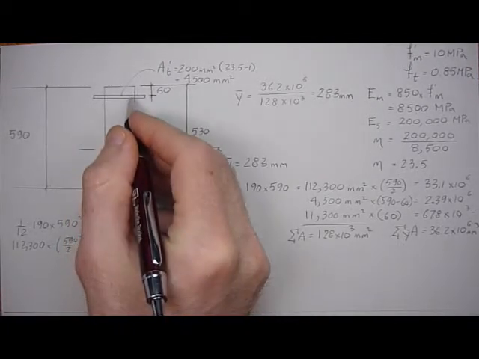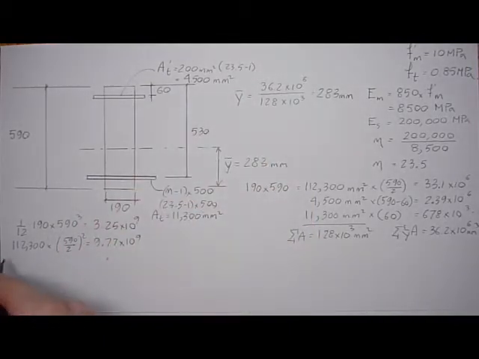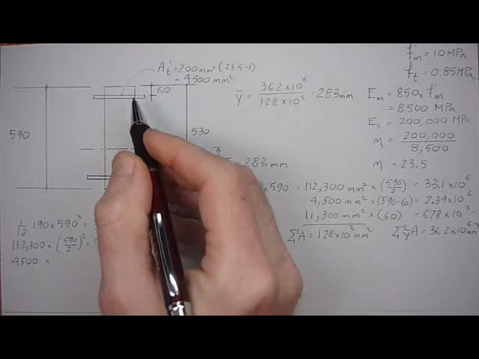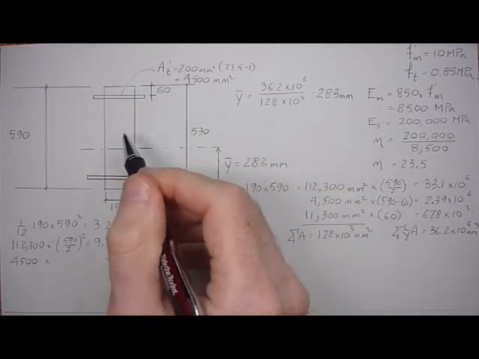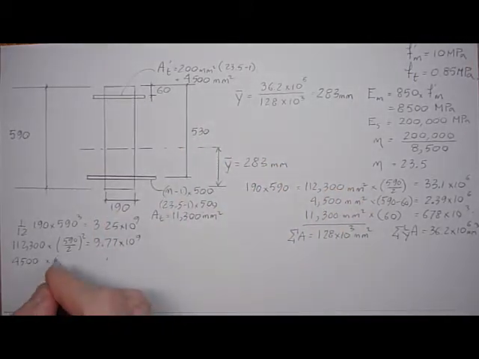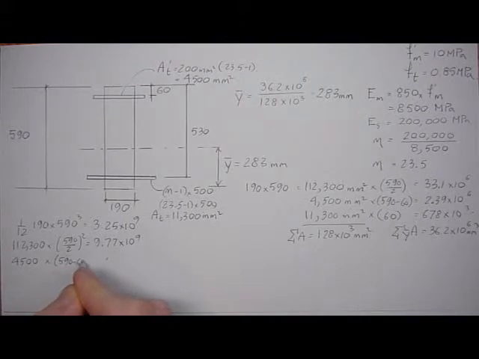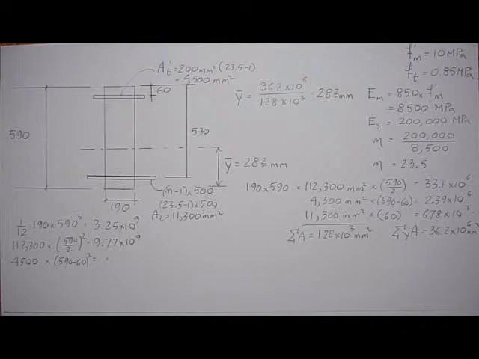And then the top steel, that has an area of 4,500. And its d squared would be 590 minus 60 squared. So that's 4,500 times 590 minus 60 squared, 1.26 e to the 9th.